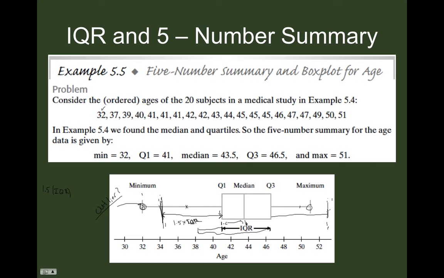Any data value that's more than 1.5 IQRs below Q1, that's the case with the 32, or more than 1.5 IQRs above Q3, would be considered an outlier. So for example, 51 here is not an outlier because 51 is easily within 1.5 IQRs. 32 is an outlier because it's more than 1.5 IQRs from Q1.